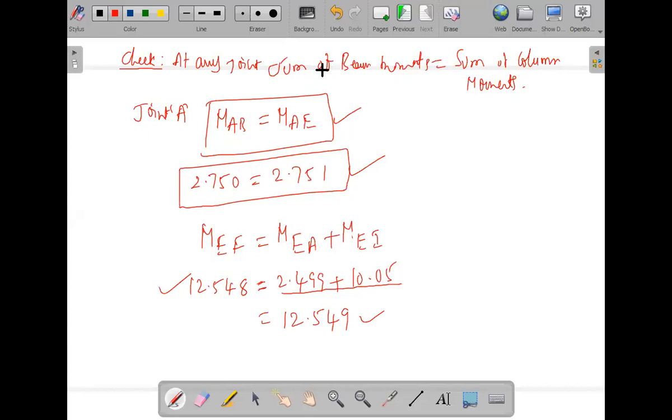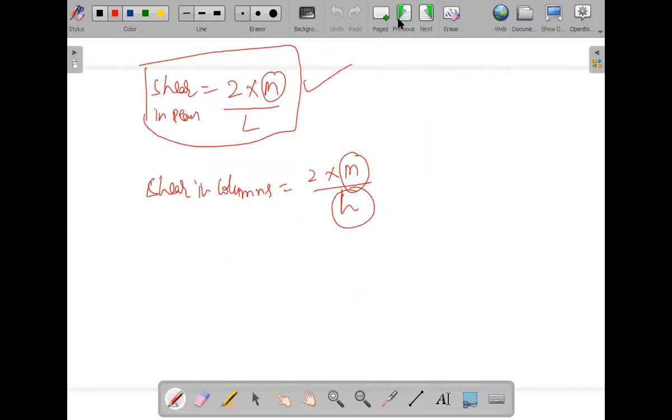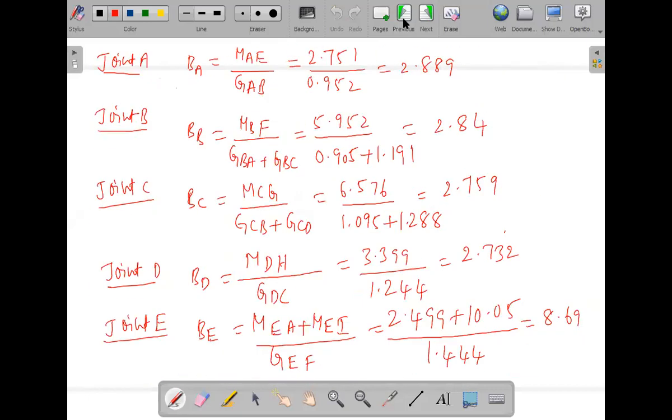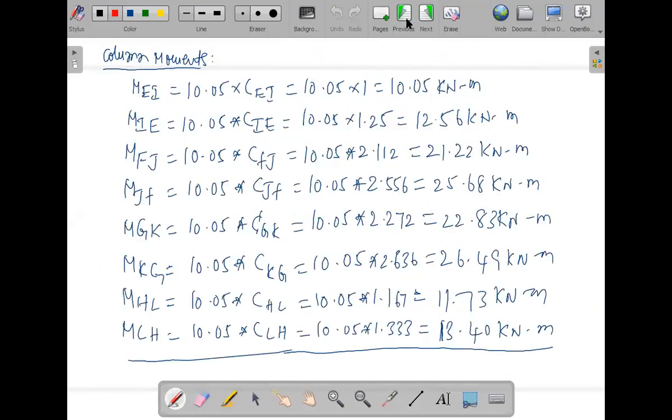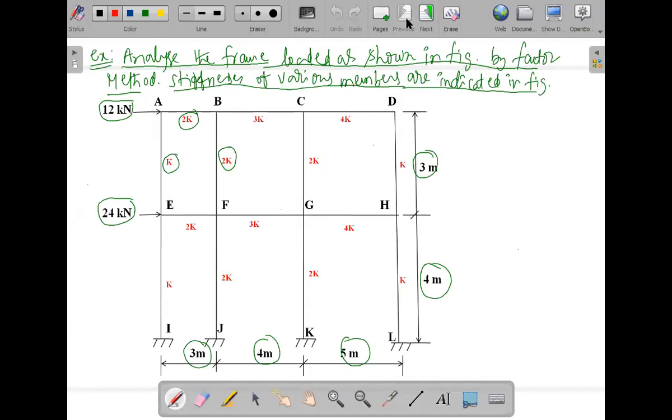If you have any doubt, please ask me. Regarding this method, which one is easy among the three methods? Which one is easy for you?